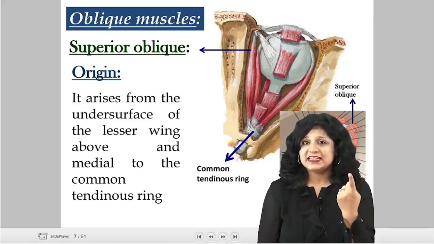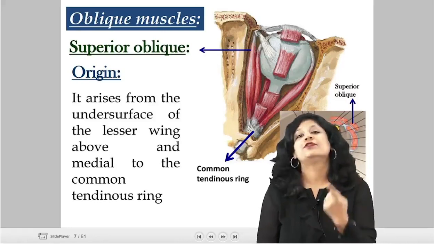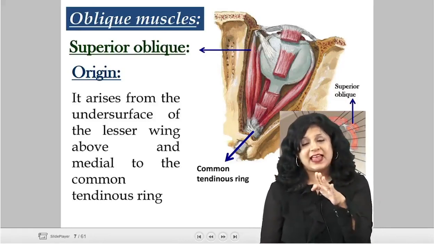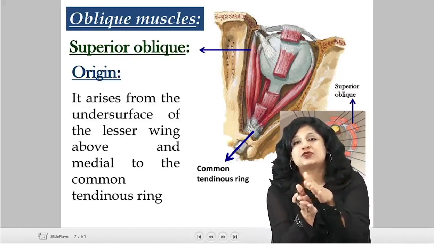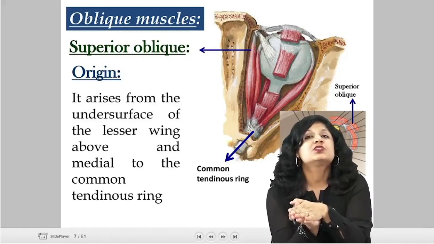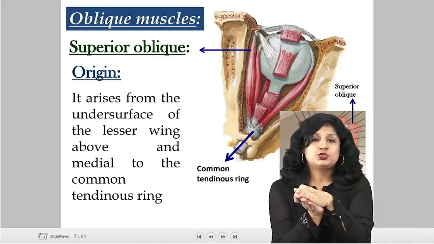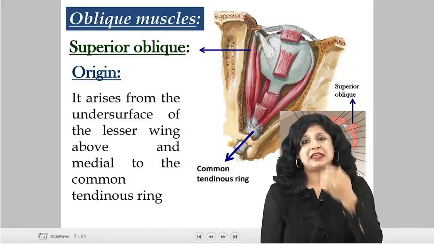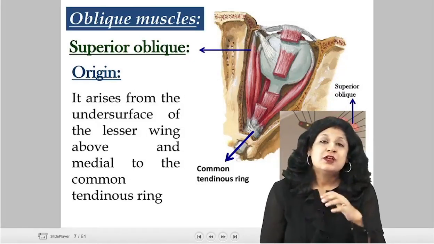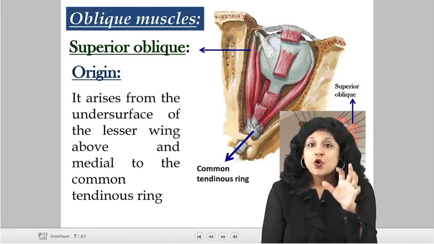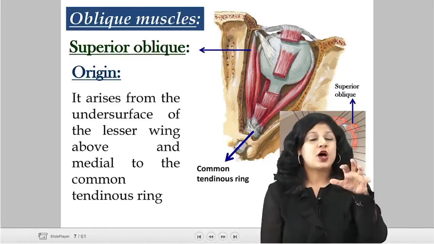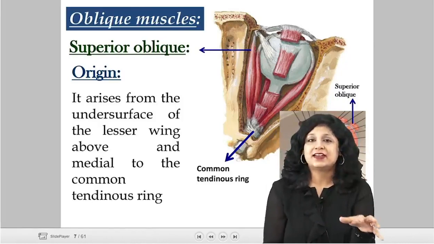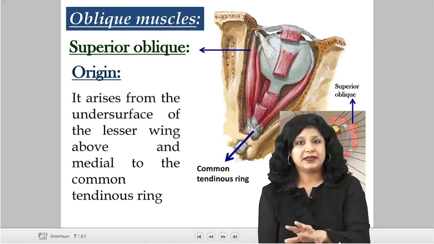One head is coming from the body of the sphenoid, which is medial to the common tendinous ring, and the other head is actually merged with the superior rectus also. So it is considered partly coming from the annulus of Zinn, while inferior oblique in no way shares its origin from the tendinous ring, and that is why the answer there is inferior oblique. Very clear?